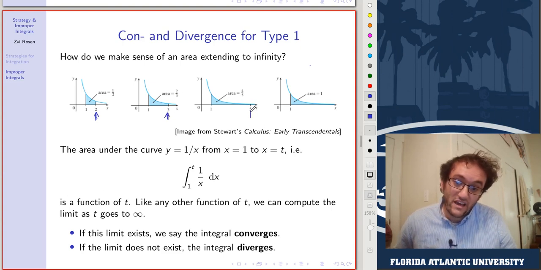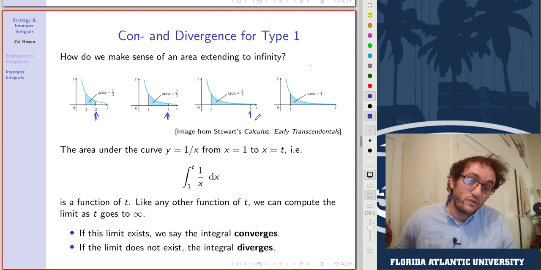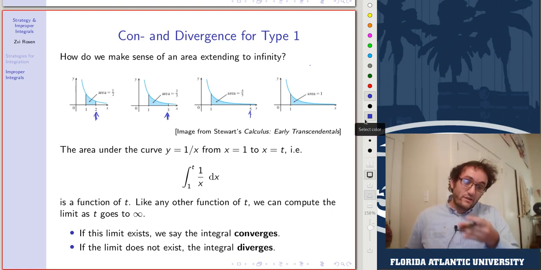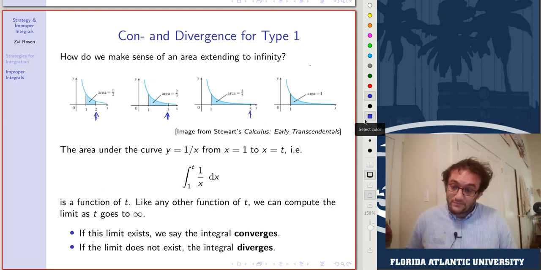When you input the number 5, you get out the area 4/5. And when you let that upper bound go off to infinity, you put in higher and higher values of t, you're going to get an area that approaches 1. Like any other function of t, we can compute the limit as t goes to infinity. If this limit exists, we say the integral converges. If the limit does not exist, the integral diverges.